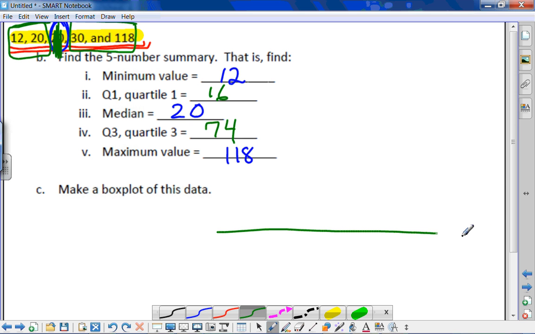And these 5 numbers, the 5 number summary, are what we use for the box plot. Go from 0 up to about 120.